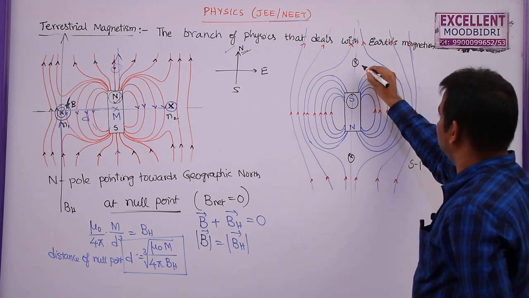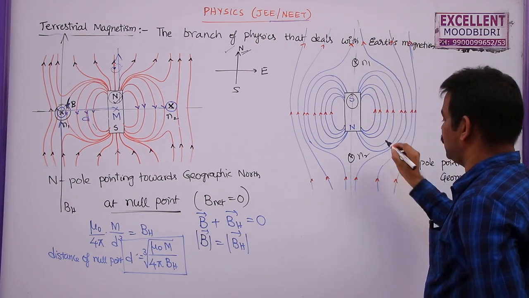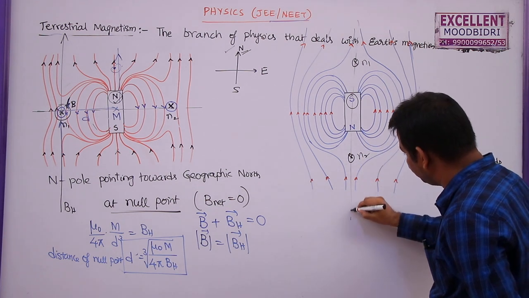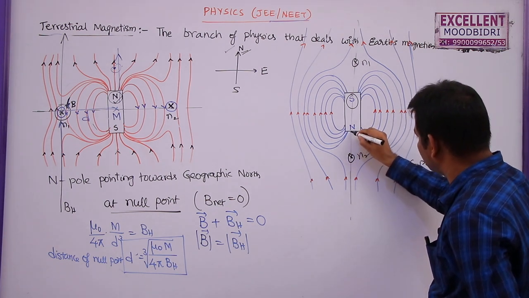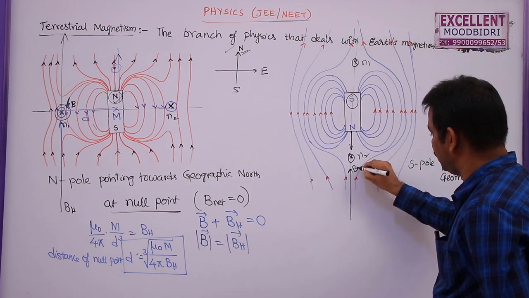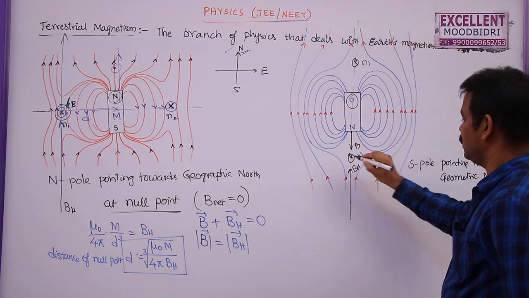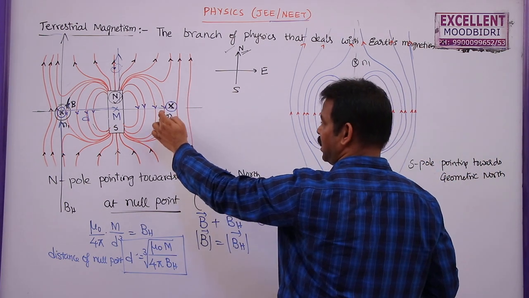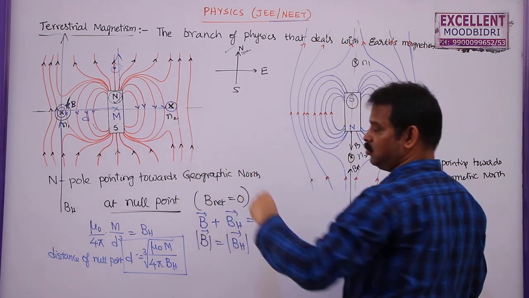So here this is the first null point, this is the second null point. At this point these fields will be equal and opposite. From the north pole, lines are coming out. From the earth's magnetic field, this is BH, this is B, and these two are equal and opposite here, giving a null point. That means through the null points no magnetic field lines will pass. So magnetic lines cannot be drawn through a null point.